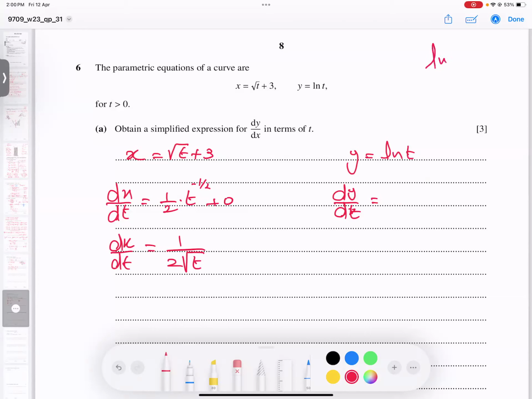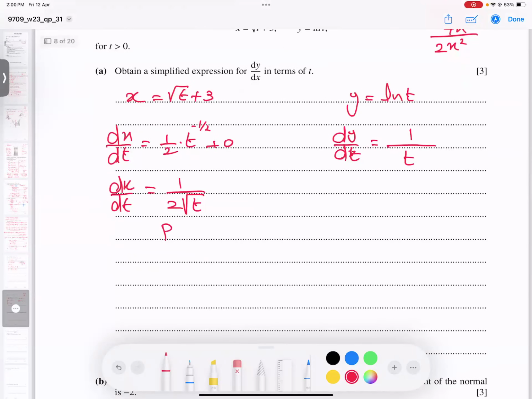You know the rule: for example, 2x squared, it goes totally in the denominator, and in the numerator is the derivative of the function in the bracket. Same story here. So for ln t, t goes down, and the derivative of t, which is 1, comes in the numerator. Now by the chain rule, because more than two variables are involved, we use it.